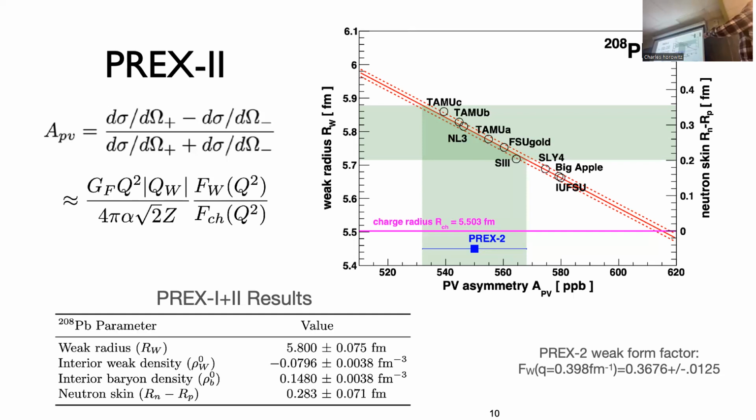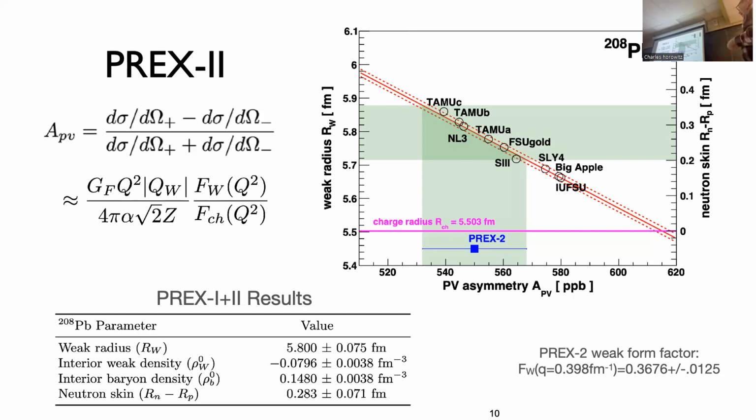But never mind, you can predict the parity violating asymmetry given a bunch of density functional models. And then for the models which reproduce the asymmetry, they have weak radii around 5.8. So the measured weak radius is 5.80 plus or minus 0.075 Fermis. So that's the main experimental result.